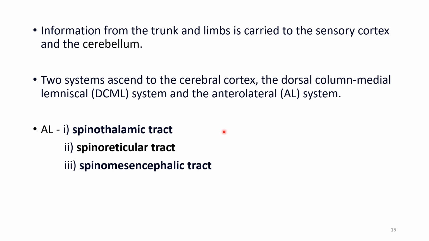In the anterolateral system, you have the spinothalamic tract, spinoreticular tract and spinomesencephalic tract. So these two systems ascend to the cerebral cortex. Once again repeating, dorsal column medial lemniscal and anterolateral system. The anterolateral system consists of spinothalamic, spinoreticular and spinomesencephalic tracts.